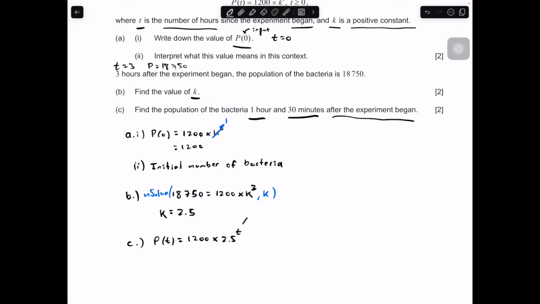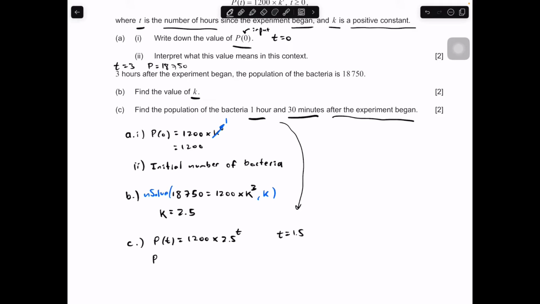So values of t take integer values. So t can be like 1 hour, t can be 2 hours, and so on. But if we have, let's say, 1.5 hours, it's not going to be 1.3. It's going to be t is equal to 1.5. So in this case, we have a function which relates the time to the population, but we're going to need to convert this 1 hour and 30 minutes to 1.5.